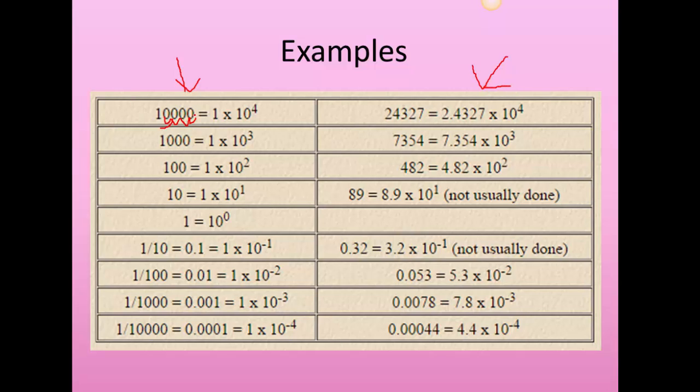So in this case, 1 is our only significant digit here. But over here, all of these are significant digits. So when we do the actual notation, we still have to show that. So use this as a reference so that if you do have a question about how something should look, you can do that.